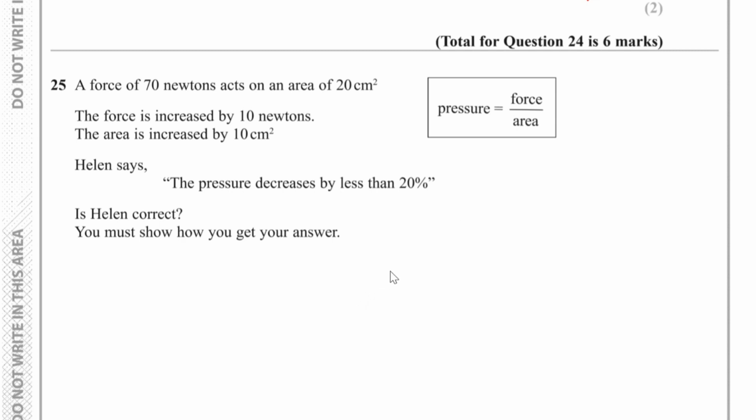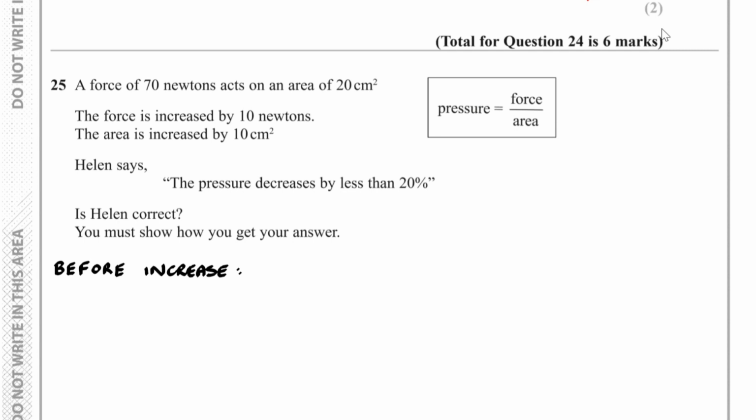Question number 25. A force of 70 newtons acts on an area of 20 centimeters squared. The force is increased by 10 newtons, the area is increased by 10 centimeters squared. Helen says the pressure decreases by less than 20%. Is Helen correct? You must show how you get your answer. Well, we've been given that pressure is equal to force over area.